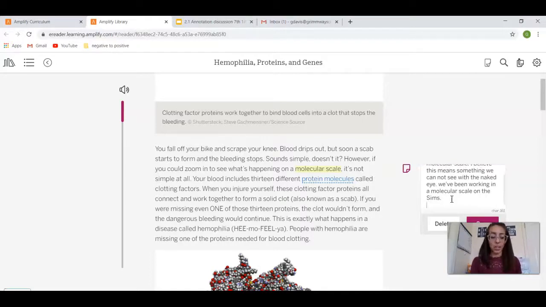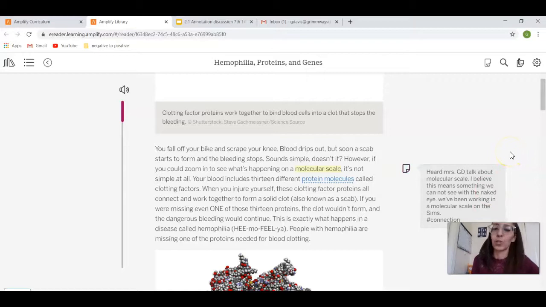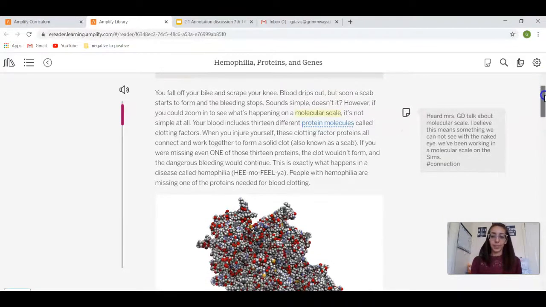And then I could put hashtag connection. Woo! I made a connection. Guys, I want to see connections, okay? Even if it's the smallest, tiniest connection. Those are really important because that's the whole point of reading these articles. If we don't make connections, there's no point in reading them because then it's just a bunch of words on a piece of paper. Okay, so let's keep reading. We made our note, let's keep reading.